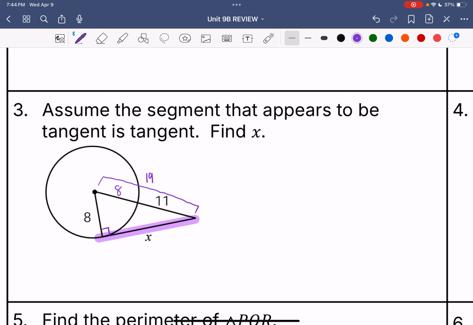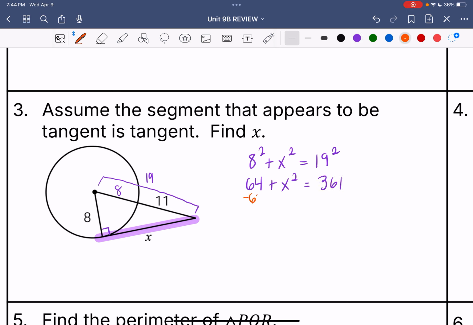So now let's set up our Pythagorean theorem. 8 squared plus x squared equals 19 squared. I know that 8 squared is 64, so I'm going to go ahead and write that in. And then 19 squared, let me put this into the calculator really quick, gets me 361.